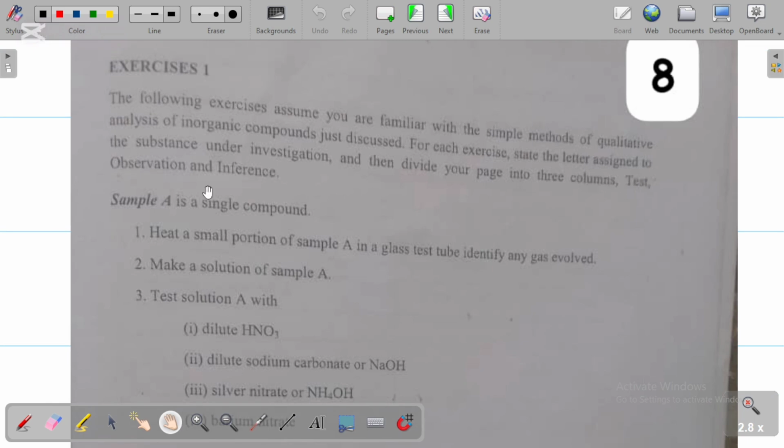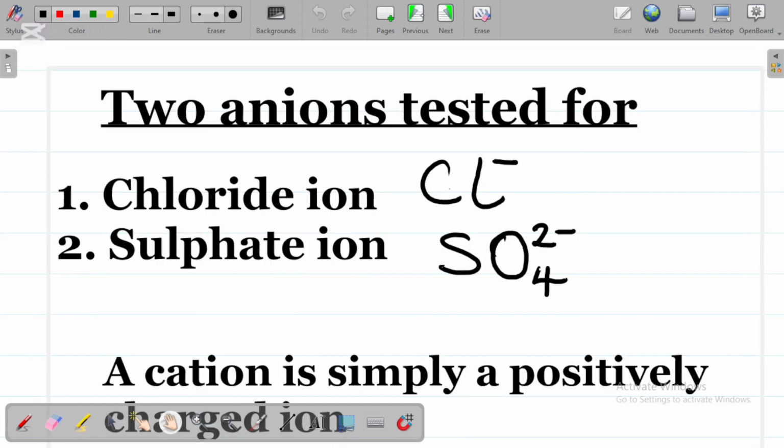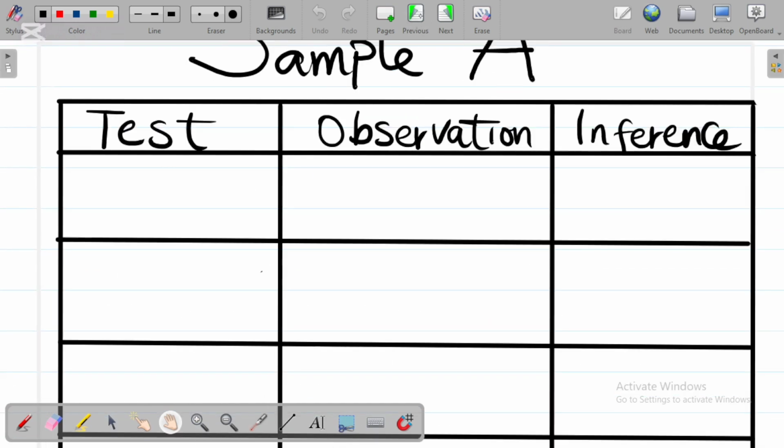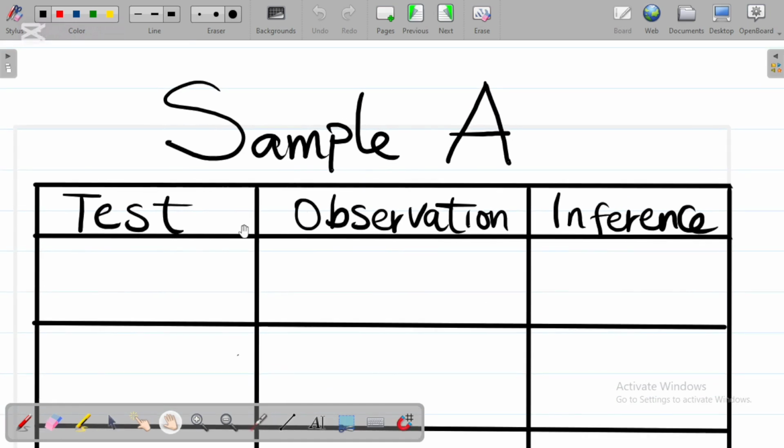The first one is test, the second one is observation, and the third one is inference.